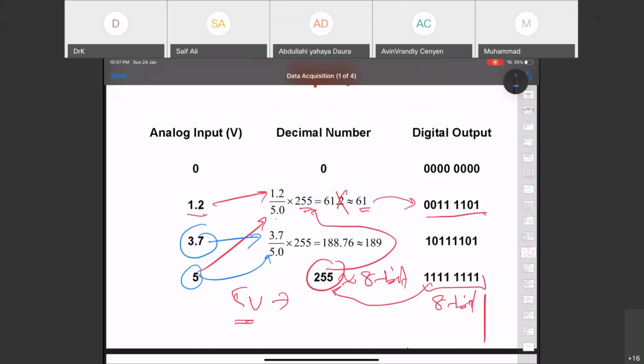So 255 here is the maximum decimal, which is equal to 5 volt in the analog world. You will have this value, you round it up, and you will get this one. This is how you convert from an analog signal with respect to its operating voltage.